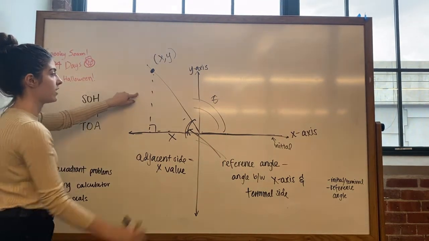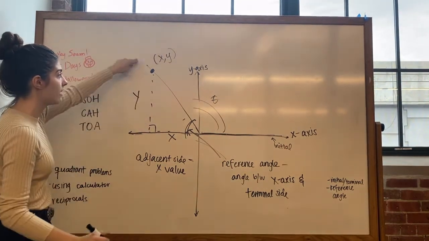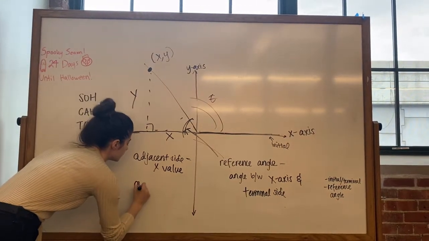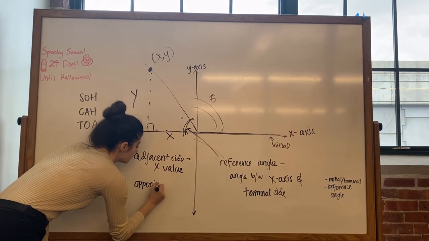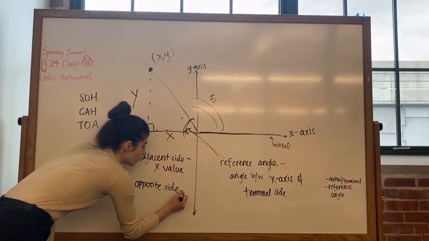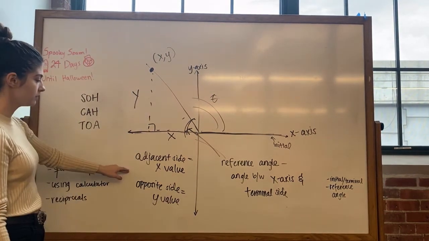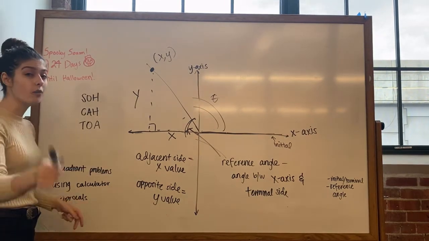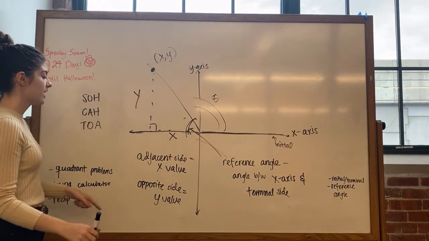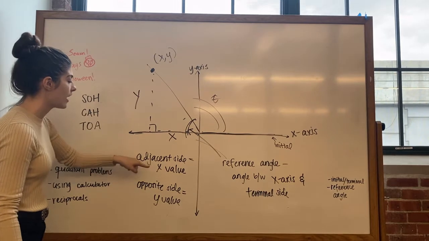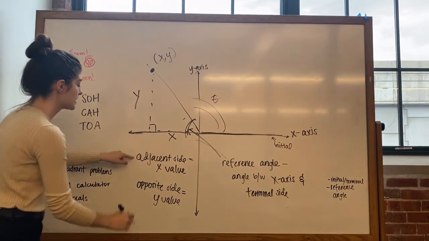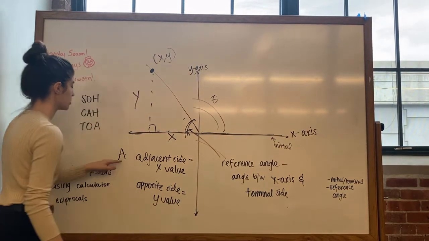And your opposite side right here is your y value, right? Your opposite side goes with your y value, okay? So when you're doing SOHCAHTOA, keep in mind that your adjacent side, or your x value, your adjacent side, your A in SOHCAHTOA.